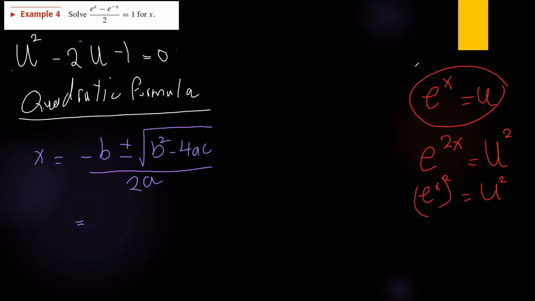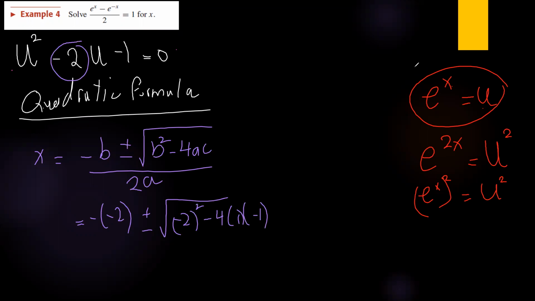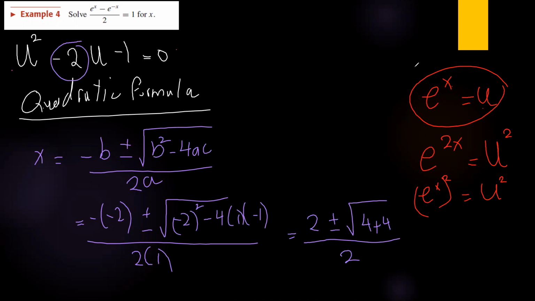Where b is negative 2. So negative of negative 2, plus or minus the square root of negative 2 squared minus 4 times 1 times negative 1, over 2 times 1. Then positive 2 plus or minus, negative 2 squared is 4, and 4 times negative 1 is negative 4, so it will be plus 4, over 2.